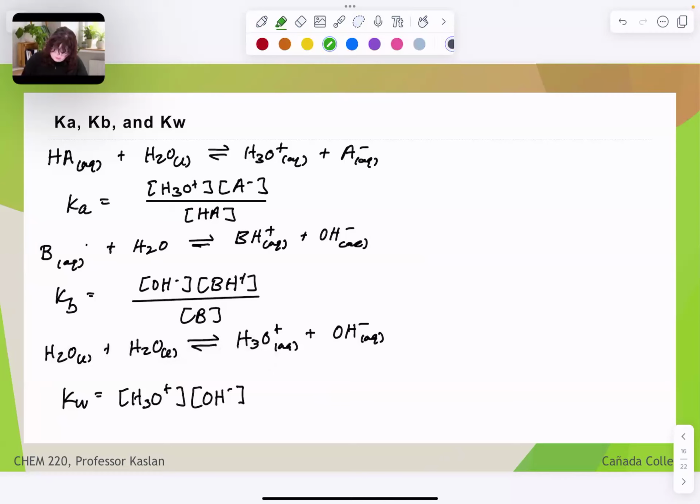Okay, so we've got here Ka, which is our expression of something acidic. We've got Kb, which is our expression of something basic. And then we have Kw, which is our expression of something that is neutral inherently.